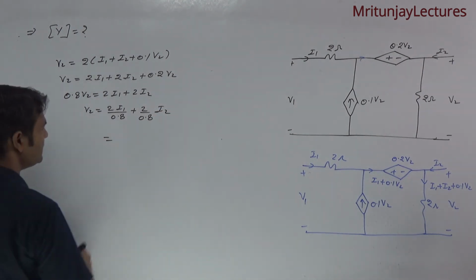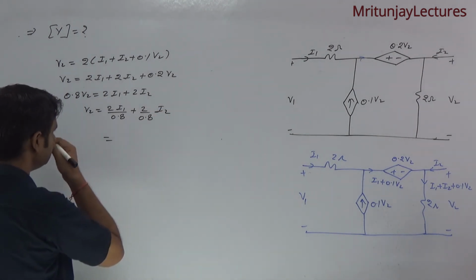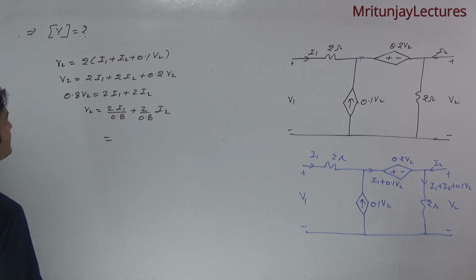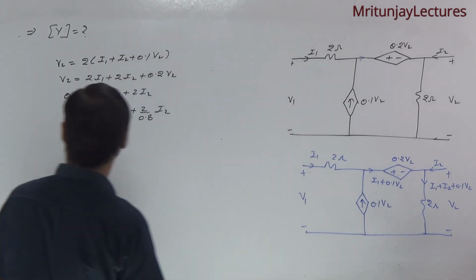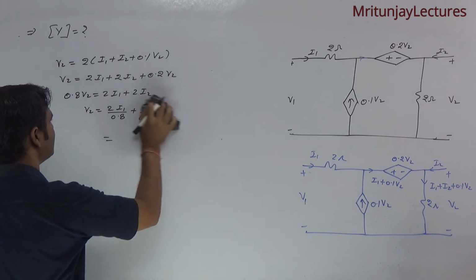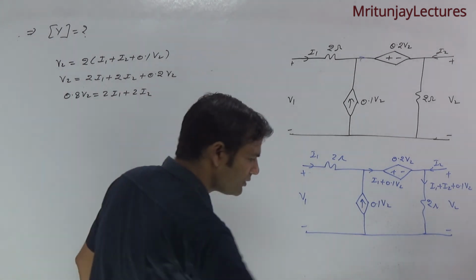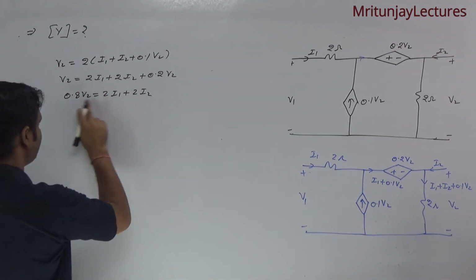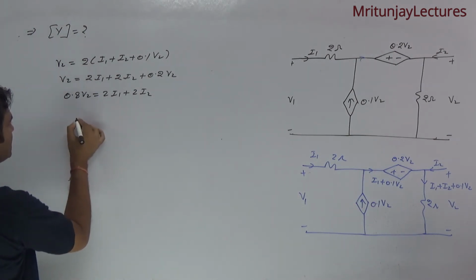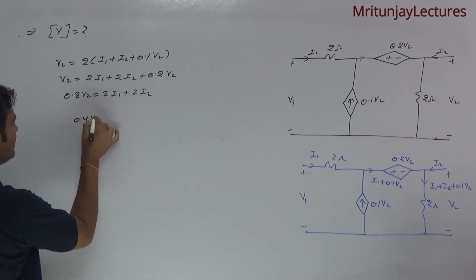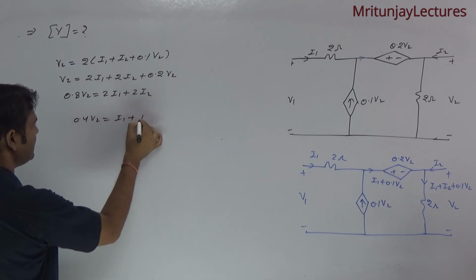Okay, now our motto is I1, I2 in the terms of V1, V2, the Y parameters. If divided by 2, then we got 0.4 V2 is equal to I1 plus I2.